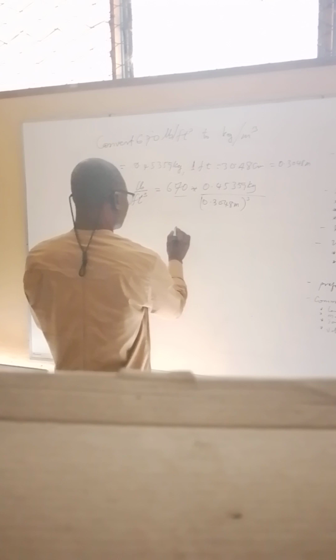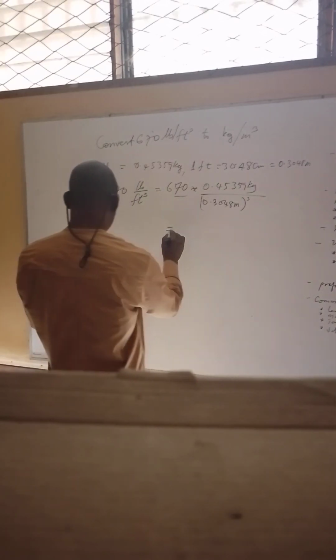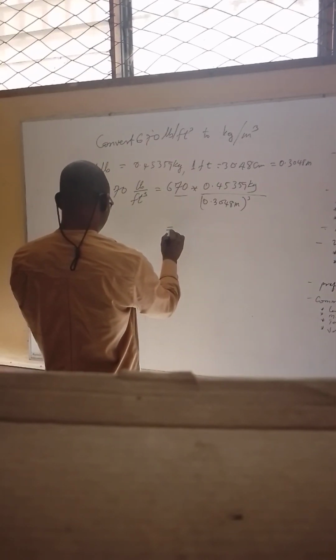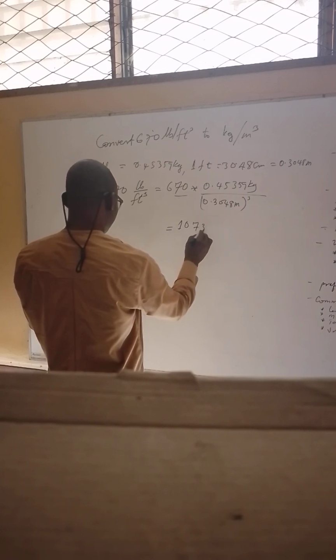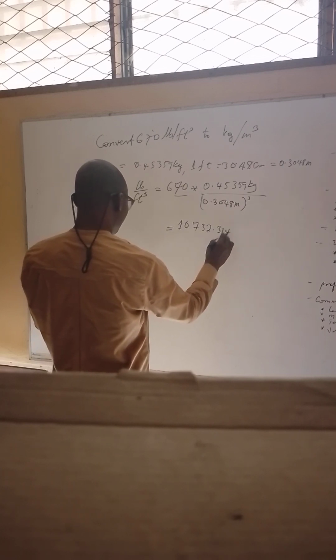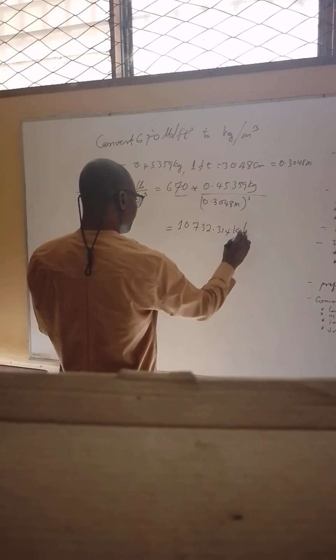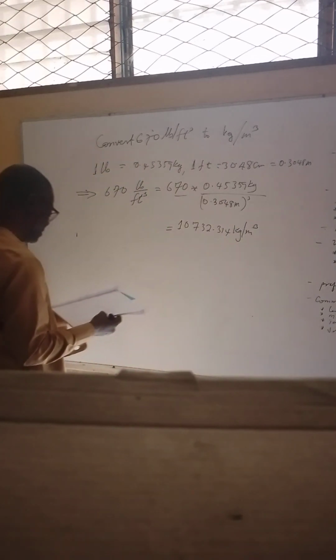This gives us the final solution to be 1073.314 kilogram per meters cube.